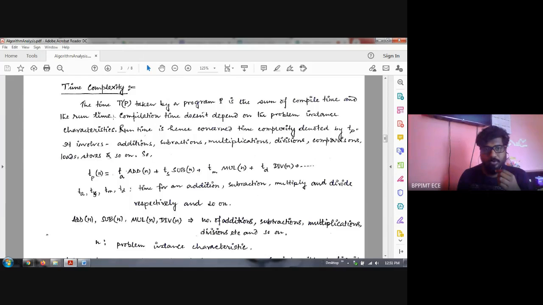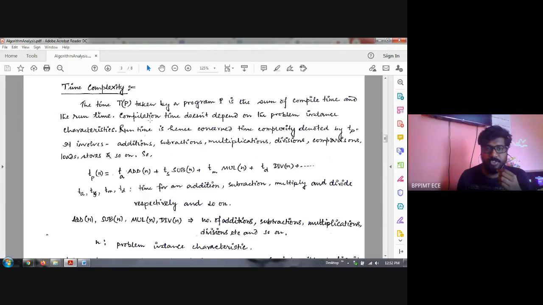Now, how to measure the time complexity? In space complexity, we can calculate both theoretically and practically how much memory is being invested to complete the program execution.